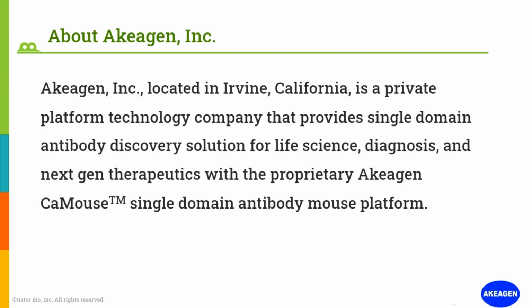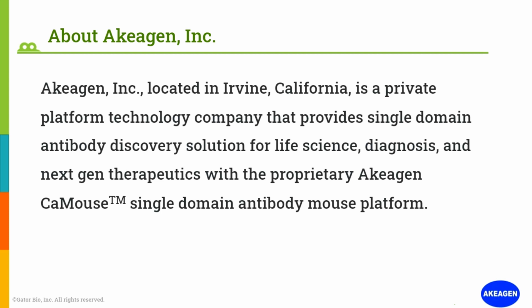Hi, everyone. Good morning and good evening. So my name is Libin Cui. I'm the founder and the CEO of Akeagen. So today I'll present our platform, which is called KM mouse. It's a single-domain antibody discovery platform based on the genetically modified mouse.